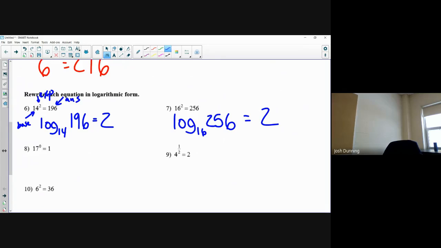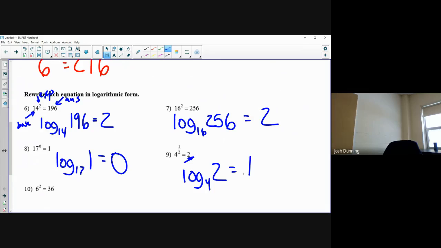Number 8. Base is what gets the exponent, so 17. What exponent would give you a 1 there? 0. Again, this is just converting from one form to the other. Base answer exponent. Number 9. Base is 4. The answer up above is 2.